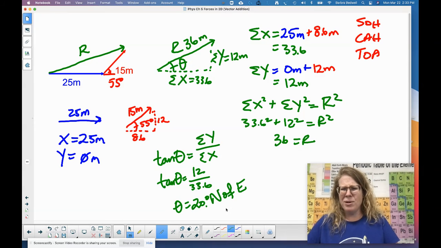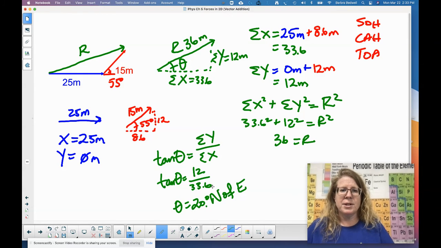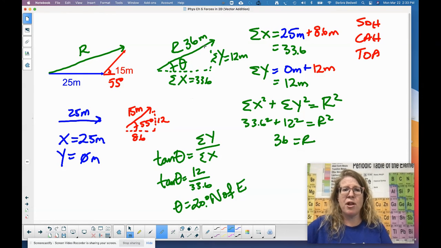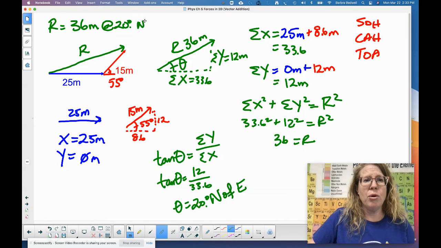Or if this was like horizontal vertical, you could say 20 degrees above horizontal to the right. So this is how we would completely define our angle. Our resultant vector is equal to 36 meters at 20 degrees north of east. And that's our final resultant vector right there.